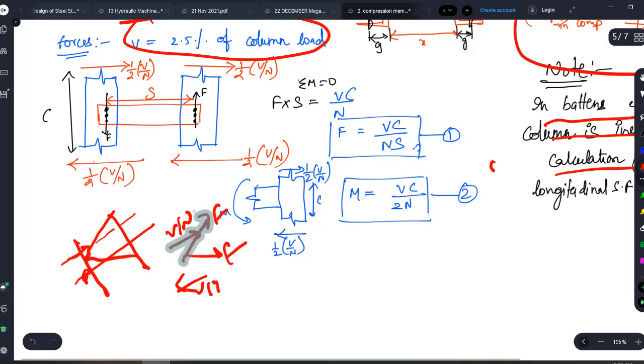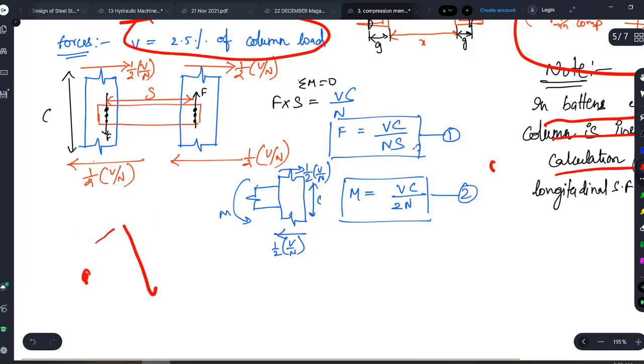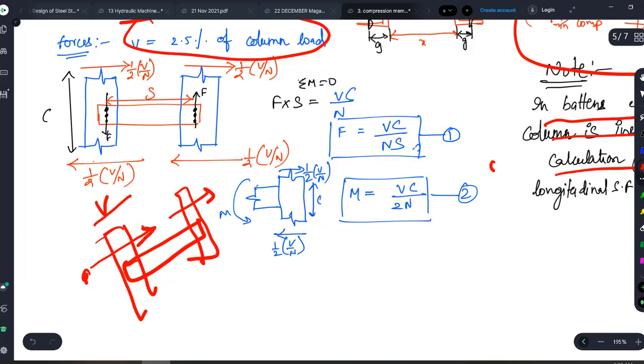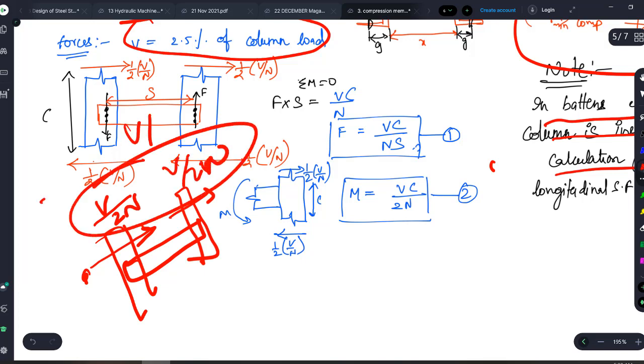But here in battens, you have something like this, right? Whenever you are cutting it, each batten is taking V by N, which you know very well. So as I am considering here and here, I write it as V by 2N here, V by 2N here, together giving V by N, right?